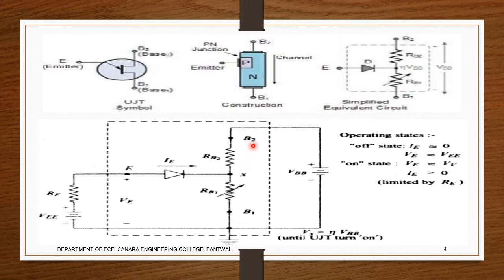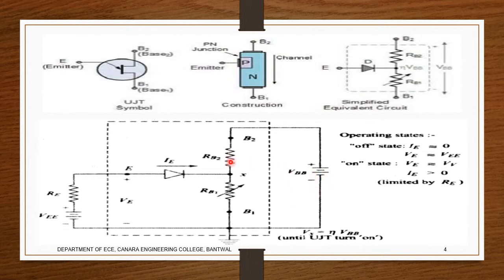So Vx with respect to VBB is Vx equals RB1 divided by RB1 plus RB2, into the voltage given by VBB.